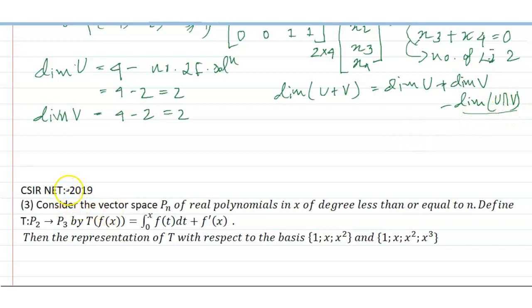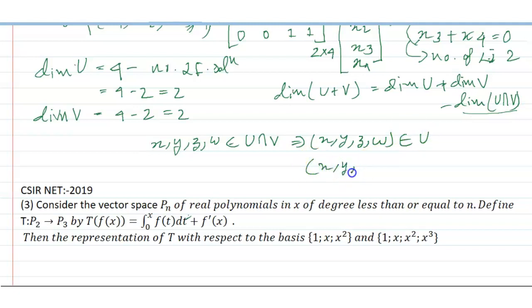So friends, if x comma y comma z comma w belongs to u intersection v, then x y z w belongs to u, and x y z w belongs to v.